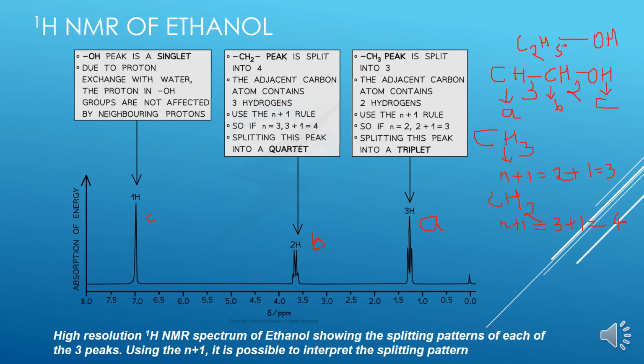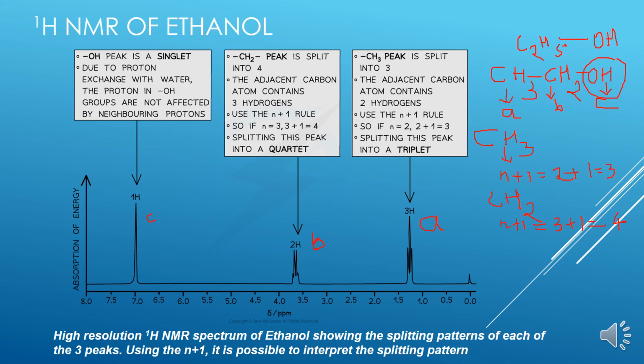And the remaining is the hydroxyl proton. The OH group is not affected by the neighboring protons. Remember, this OH has a different environment because it is not affected by the methyl or methylene protons. These methyl protons are far away from the hydroxyl, so there is no chance for spin splitting.